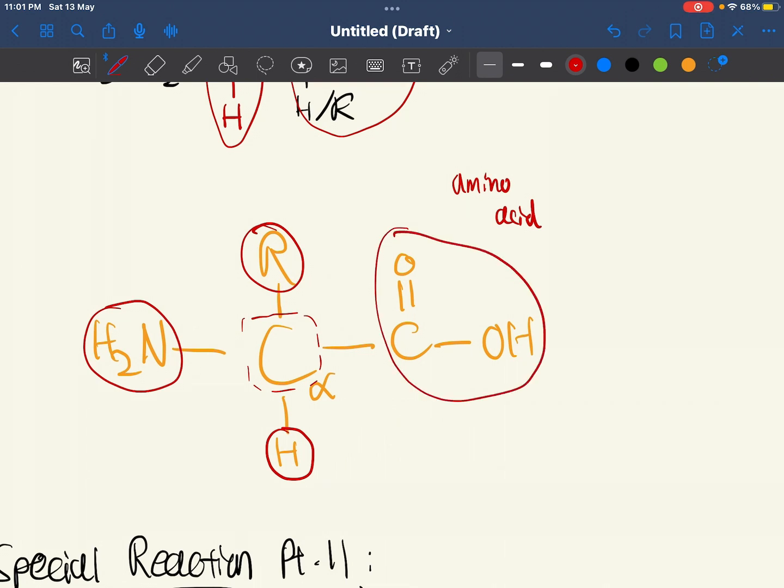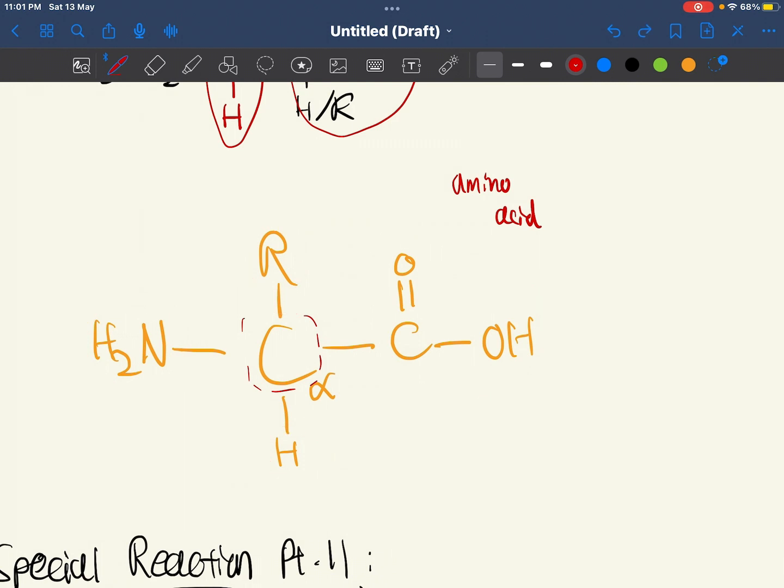When you place it in water, what actually happens is that it undergoes an internal acid-base reaction. The hydrogen atom goes over to the NH2, forming NH3 plus. I'll lose my hydrogen atom here, but it has gone over to my NH2.